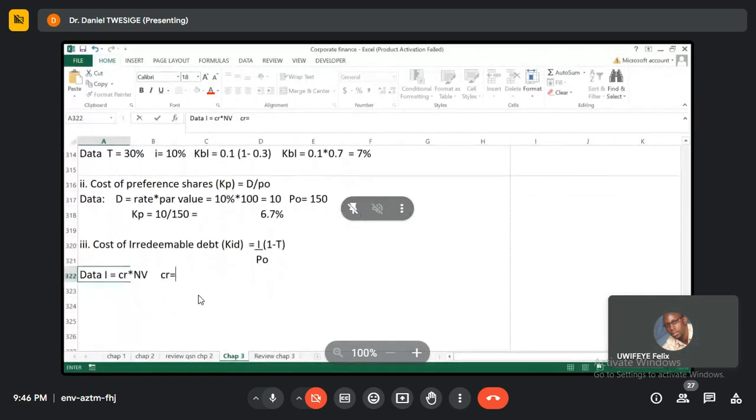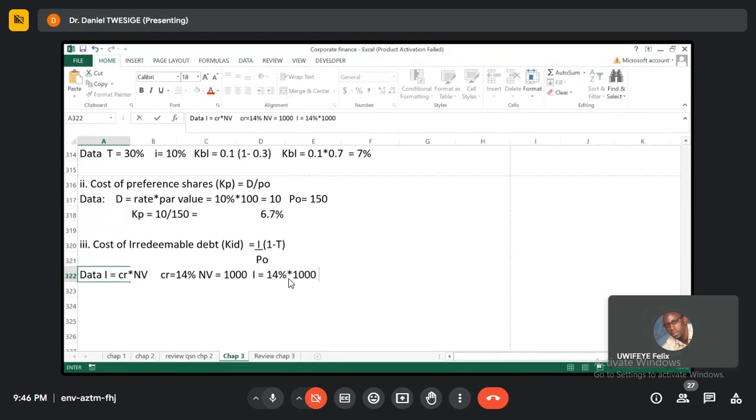So my coupon rate is 14%, and the nominal value is 1,000. So it means my interest I can compute, will be equal to 14% times 1,000, which is equal to 140.